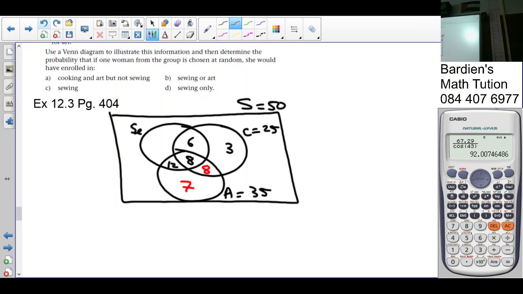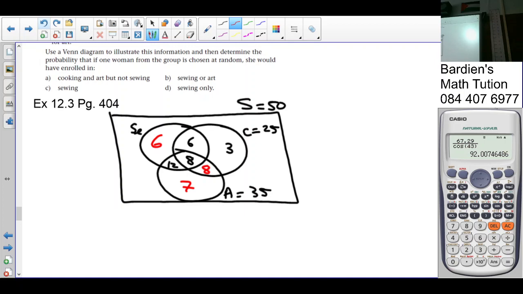So how do I calculate sewing only? 50 minus 25, which is 25, minus 13, so 6. Is it 8 or 6? What goes here? 6. Okay. You all agree with that? You all understand?